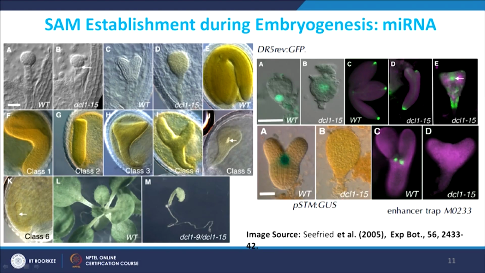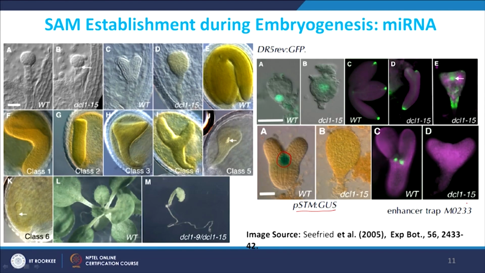At the same time, if you look at the DCL mutant and the expression of STM promoter activity, in wild type it is very nicely positioned and expressed in the right domain, but in the mutant background the expression is no longer there, and this is true for another marker for shoot apical meristem.